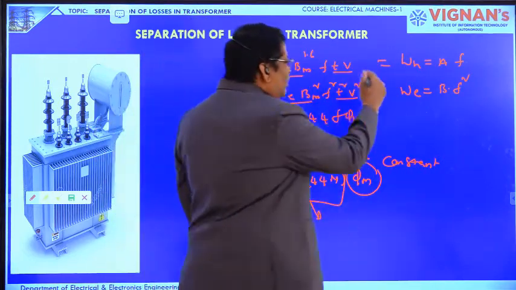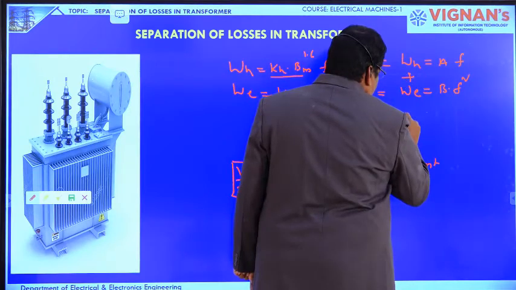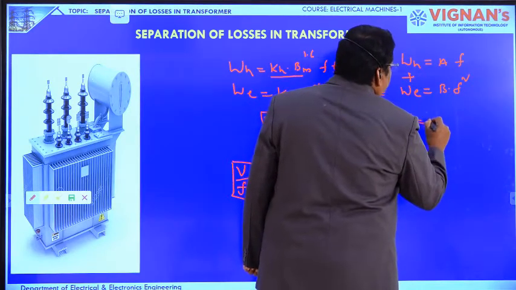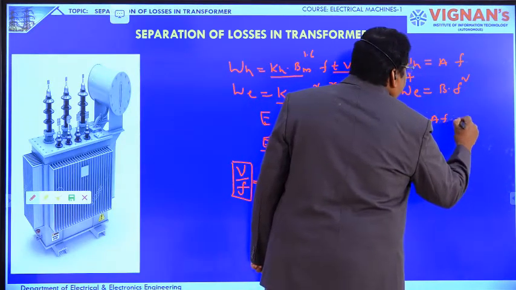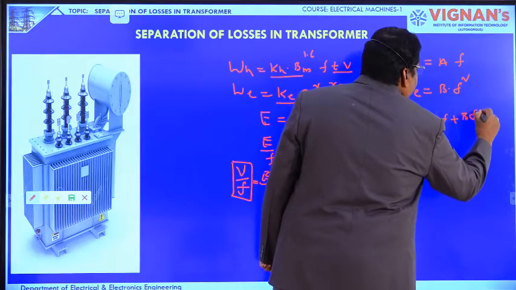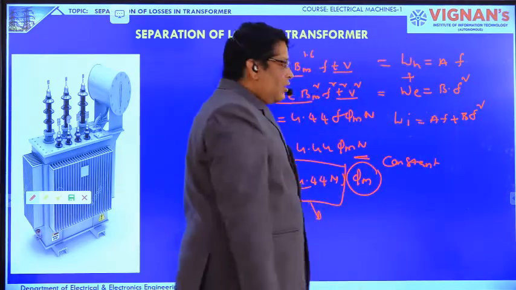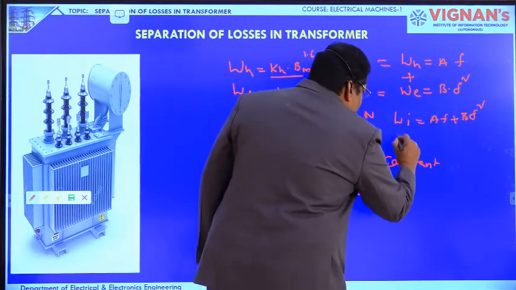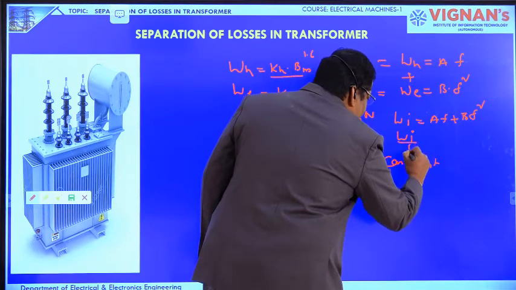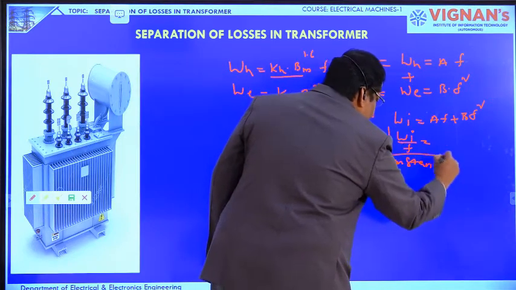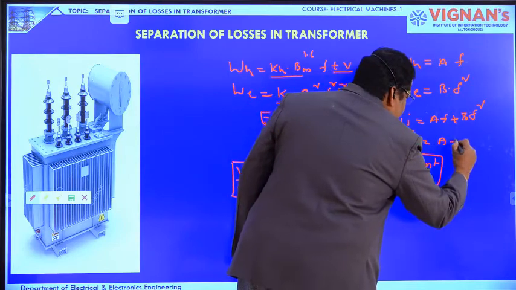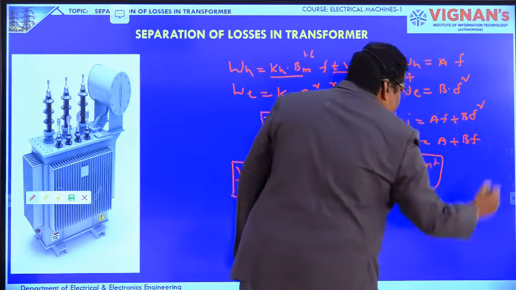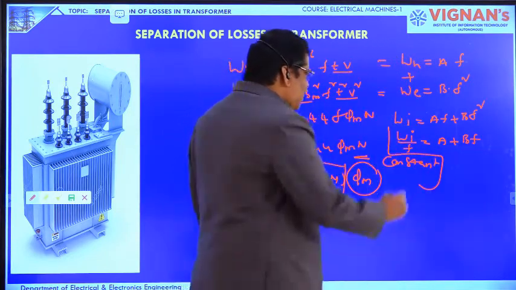The sum of these two is the iron loss. Iron loss equals AF plus BF square. If you take F to this side, Wi by F equals A plus BF. This is the final equation.